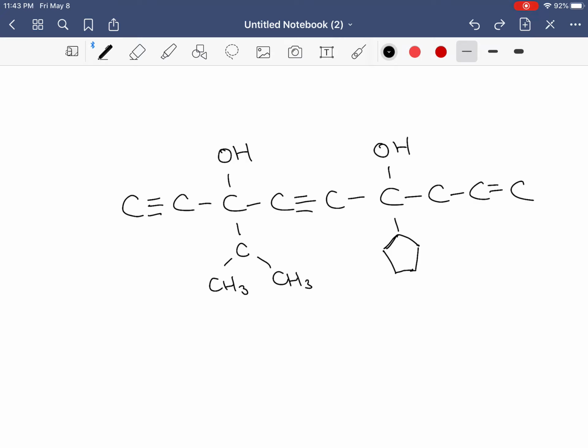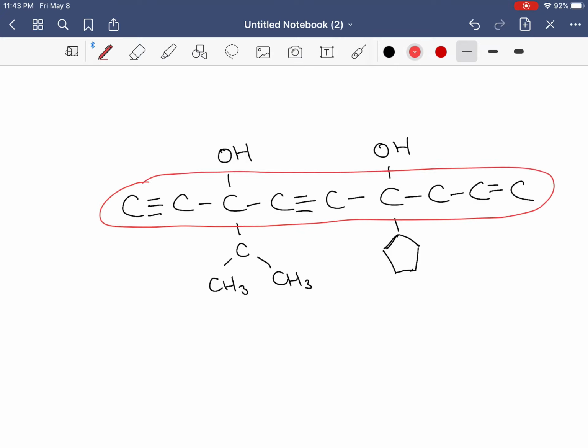I have my longest chain right here. I want to make sure that my most important group gets the lower number. Is it alkyne? No. Is it alkene? No. Of course, it's these guys, which we call alcohol, that we learned yesterday.